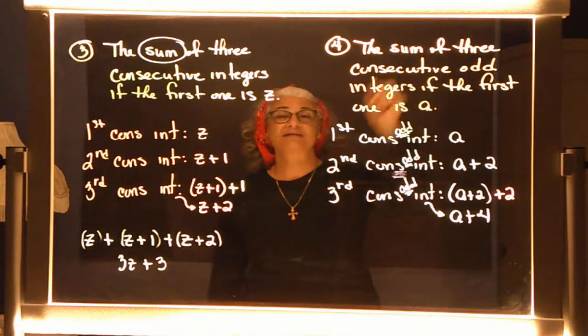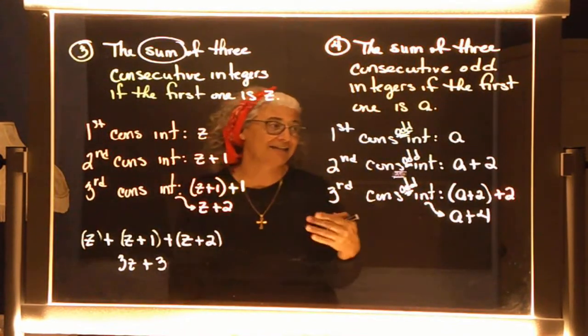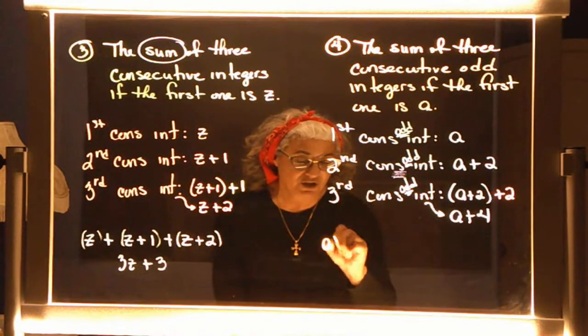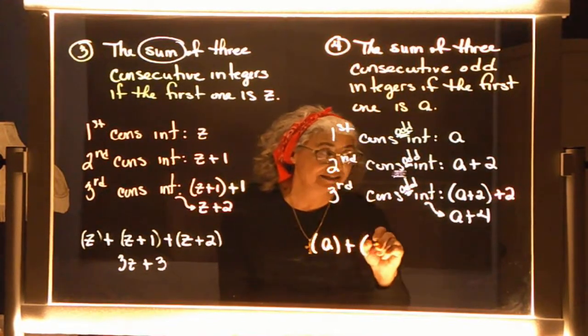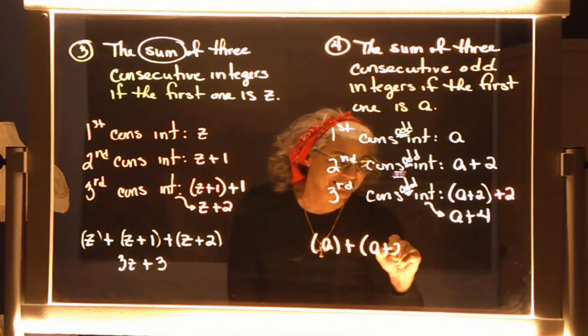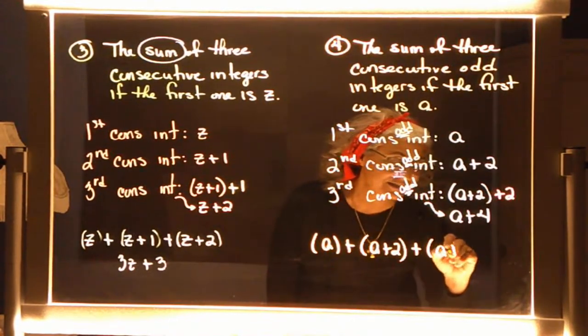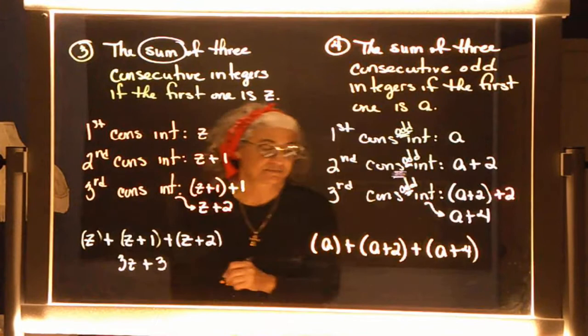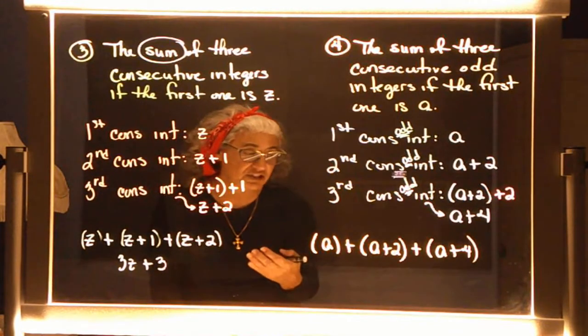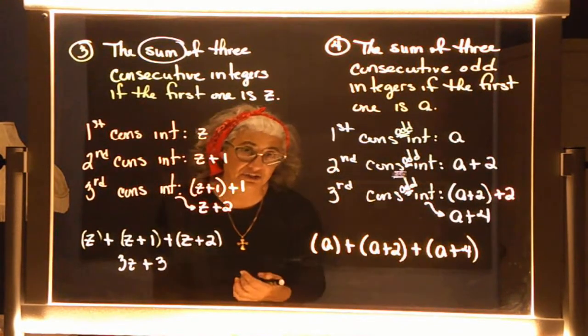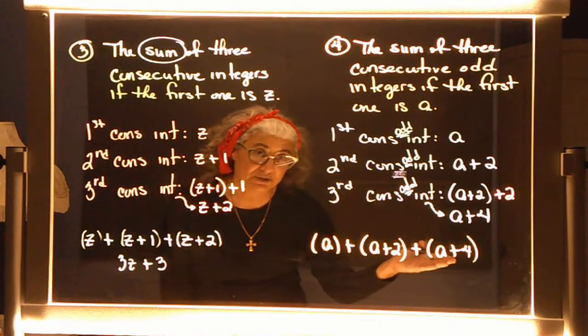Finally, I'm supposed to sum them. I'm supposed to add them. So my first odd integer added to the second consecutive odd integer added to the third consecutive odd integer. And yes, the parentheses just tell me those are 3 separate integers. No distribution to do, right?